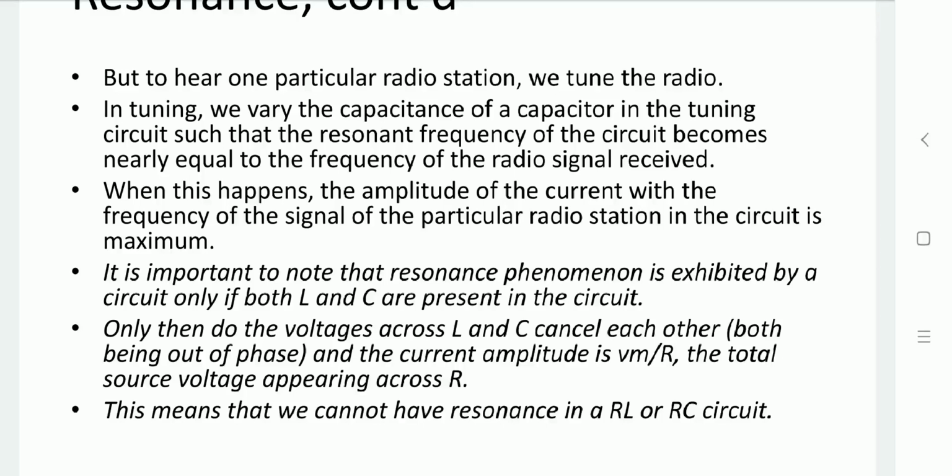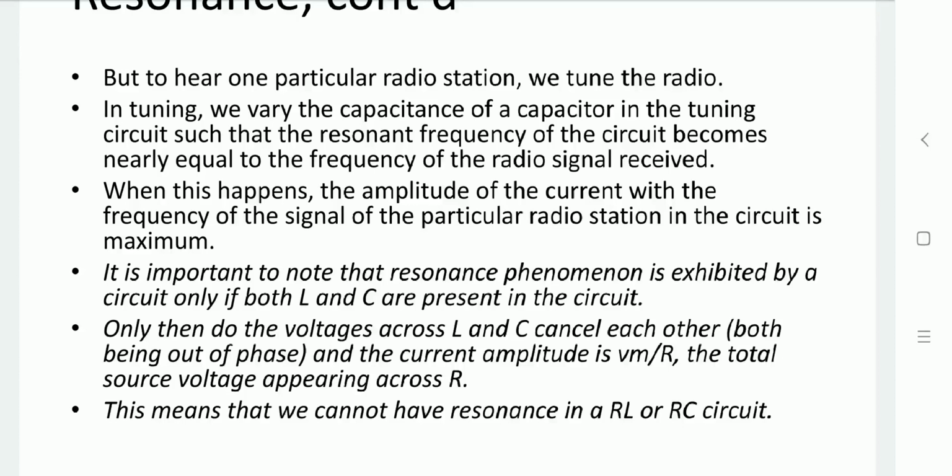So what are we able to change? The distance between the two plates, D. By varying the distance between the two plates, we are able to change the capacitance value. By changing the capacitance value, we can change the reactance of the capacitance, XC. So if we change either XC or XL, we are able to get a particular resonance frequency.